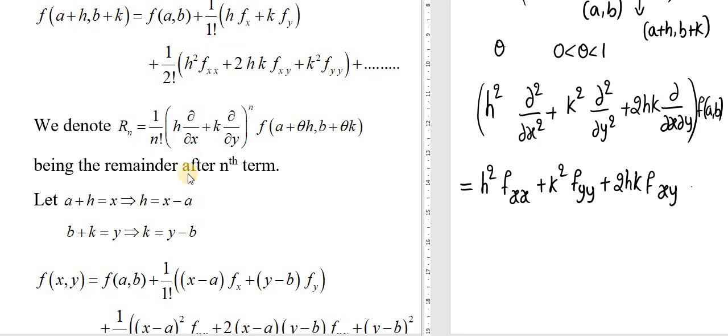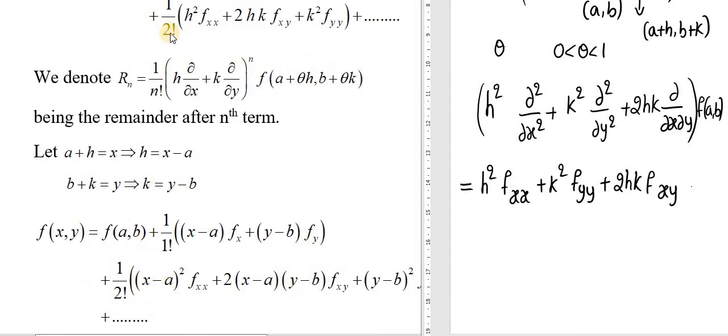Instead of h we are going to write x minus a, fx plus, instead of k we are going to write y minus b, fy as it is, plus 1 by 2 factorial h square here we have. So h square is replaced with x minus a whole square.